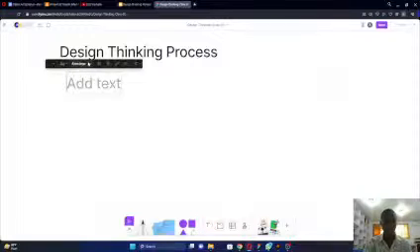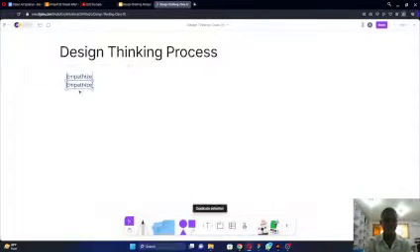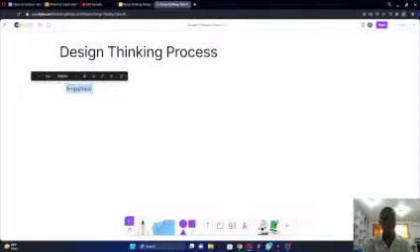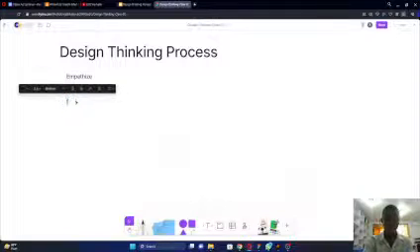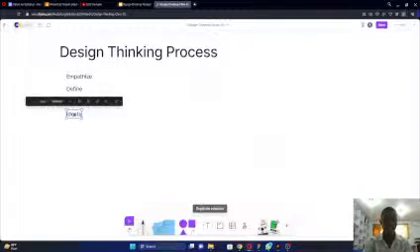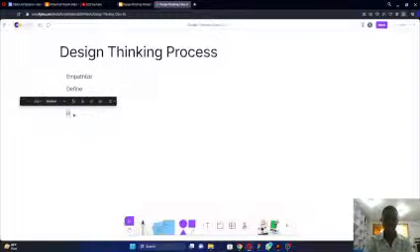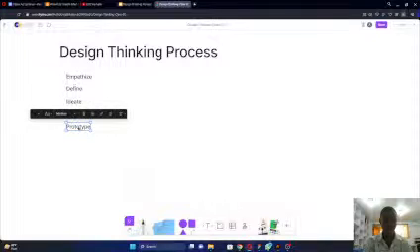The empathize, the define, ideate, prototype, and test.